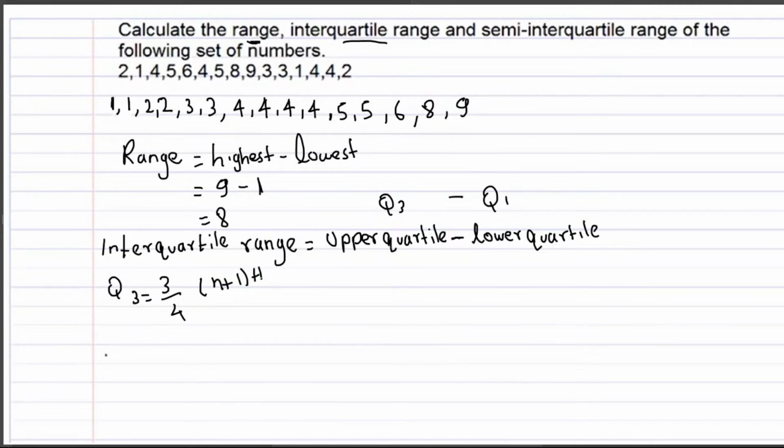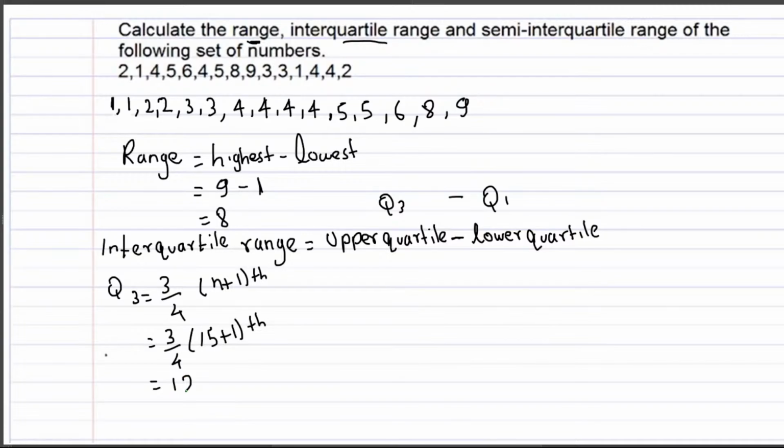So 15 plus 1 is 16, 16 divided by 4 is 4, then 4 times 3 is 12.